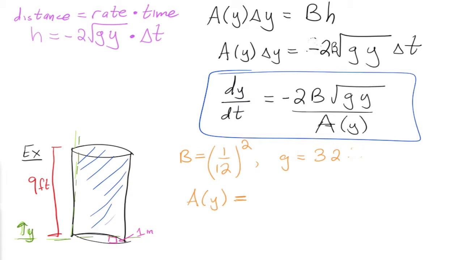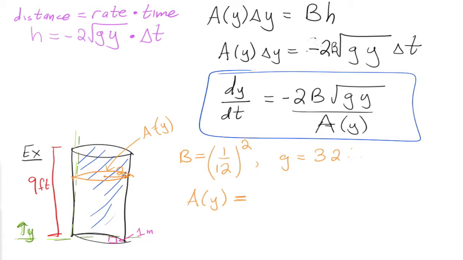So you take an arbitrary slice, and so the area of that slice, what is it equal to? Was the radius 2 or is that diameter? The radius was 2, and notice that the radius is constant, right?